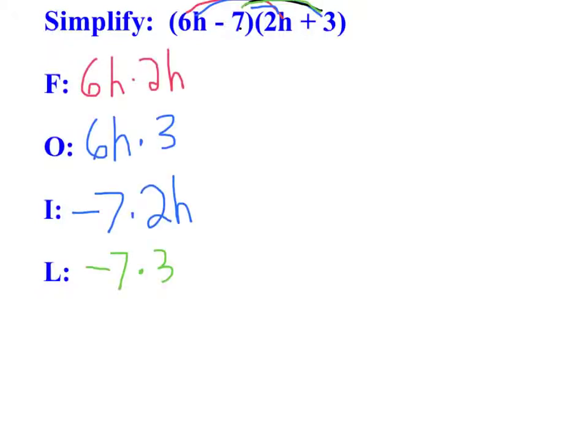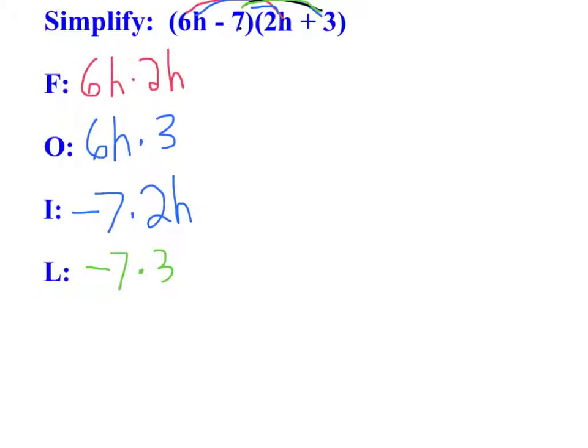I've written it out. So my first terms are 6h and 2h. My outside terms are 6h and 3, so basically 6h multiplied to both of those. And the inside are negative 7 multiplied to 2h and negative 7 multiplied to 3.